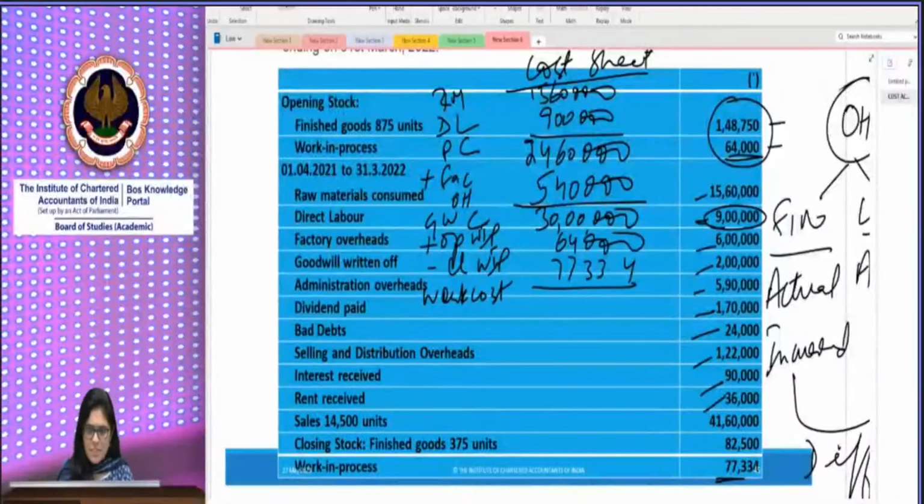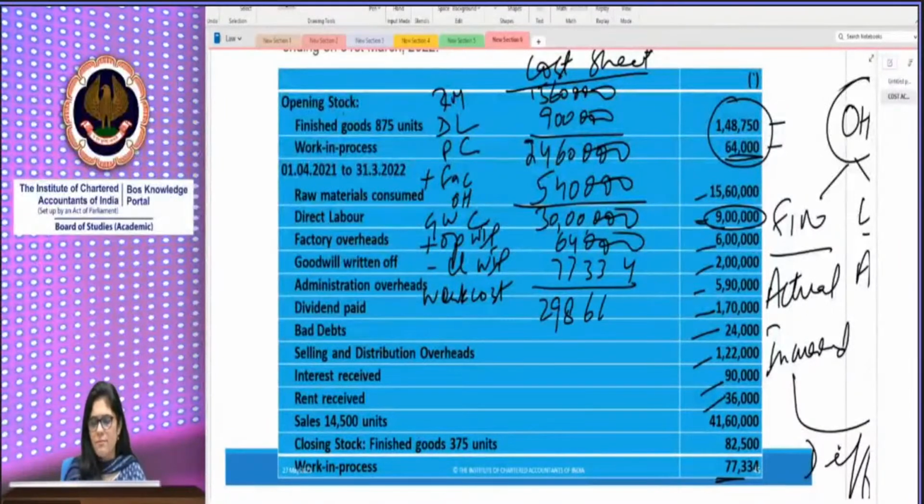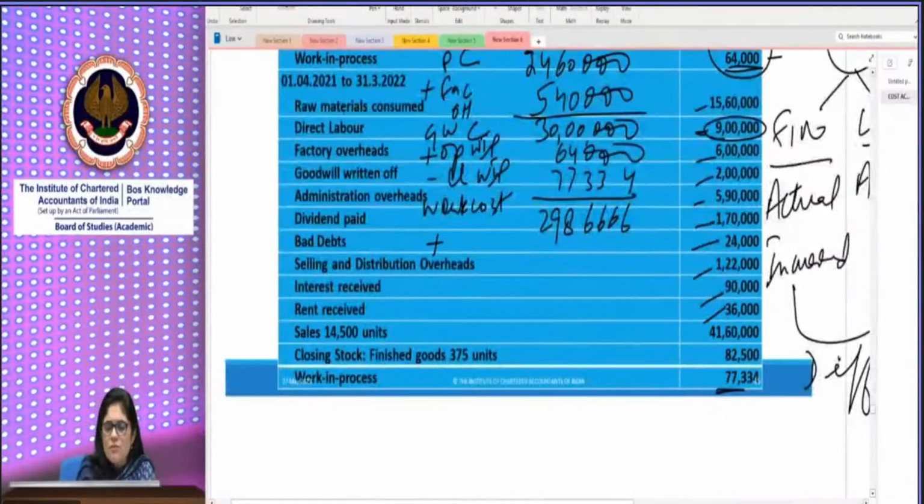So works cost: 30 lakh plus 64,000 minus 77,334. So it's 29,804 times 6. Clear? 29,86,000 is your works cost. To the works cost, we add admin overheads.